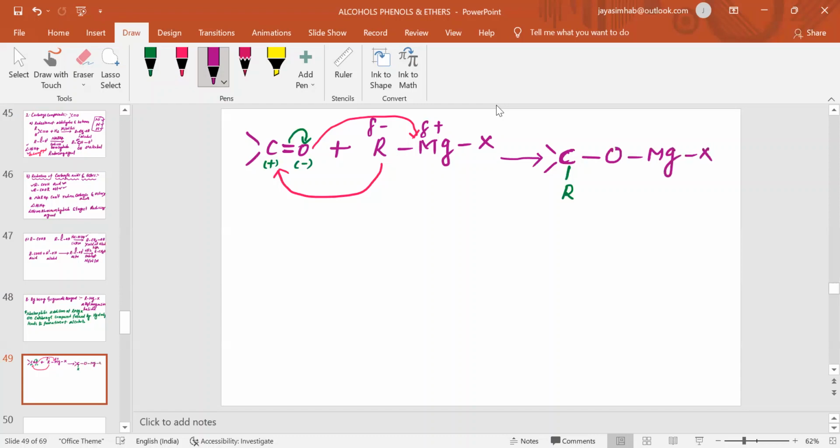So this will contain negative charge, this will contain positive charge. You can show this as an addition product, or adduct, because it is nucleophilic addition, right? We said it is a nucleophilic addition. So this is called the adduct.